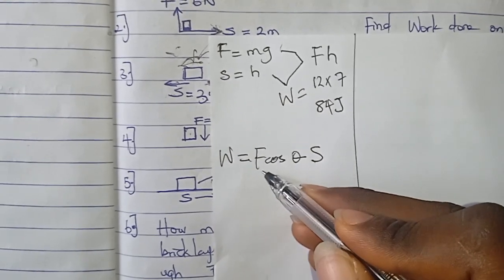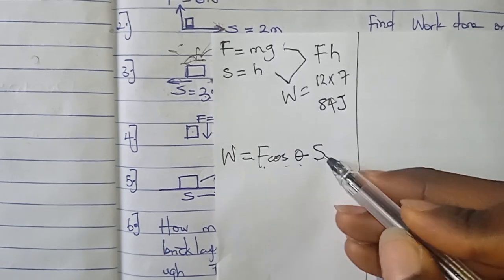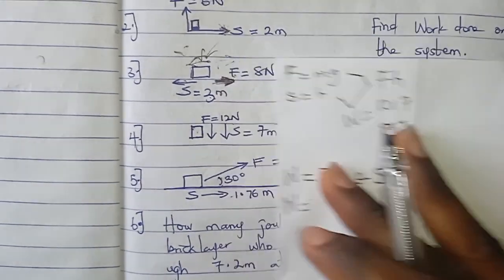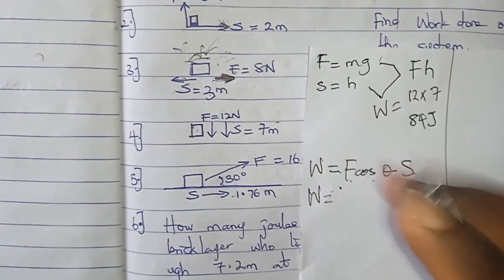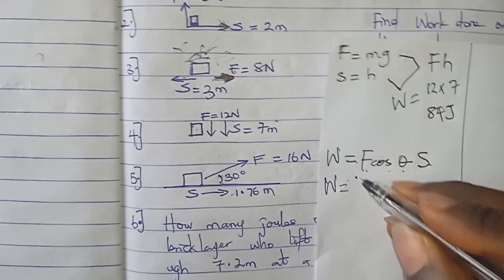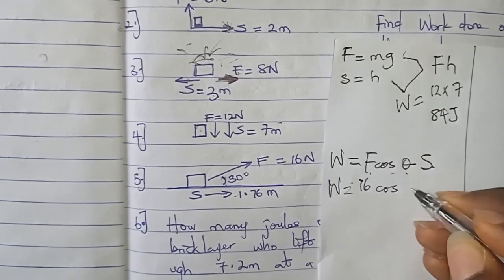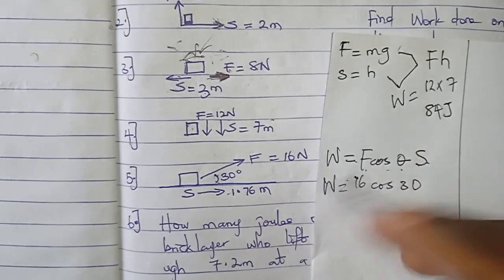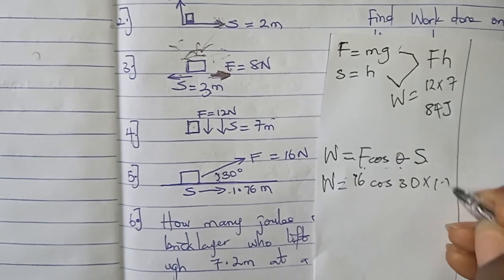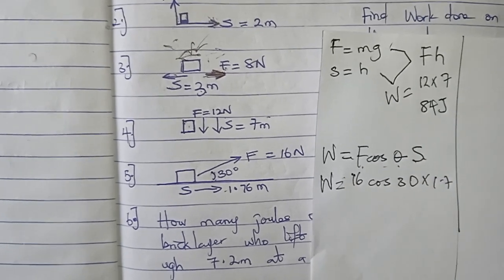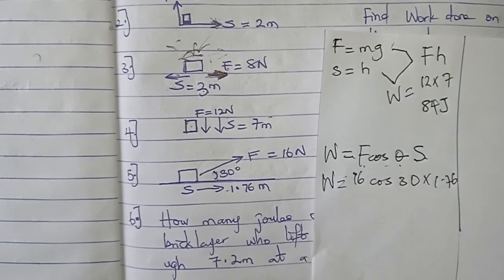No, it's simply force at an angle times displacement. So work is equals to, the force there is 16 cos 30. Then the displacement is times 1.76.